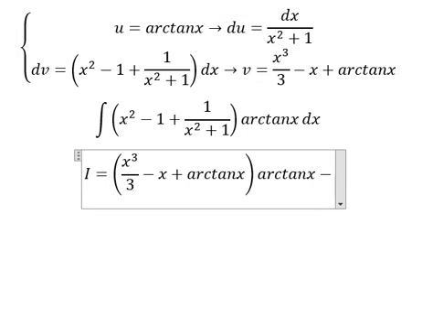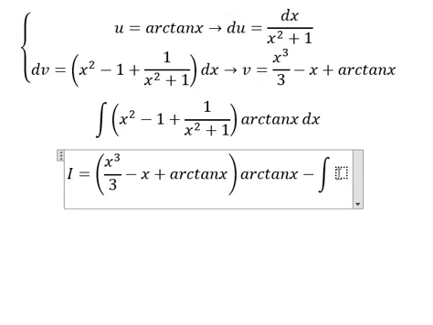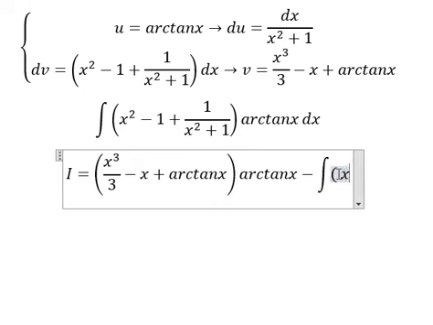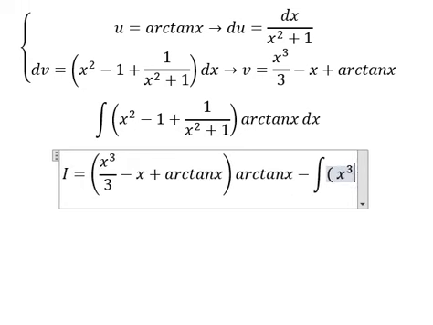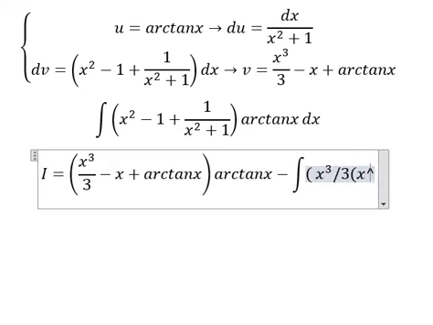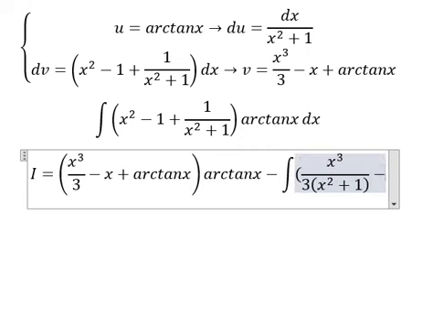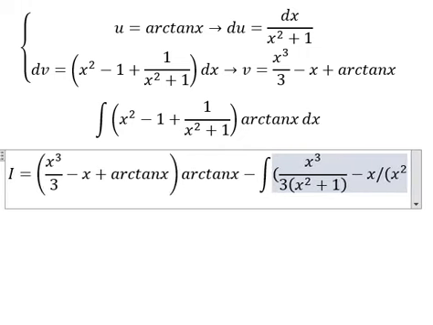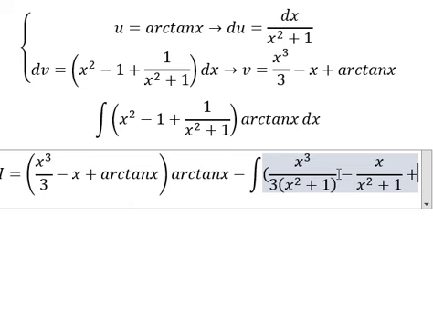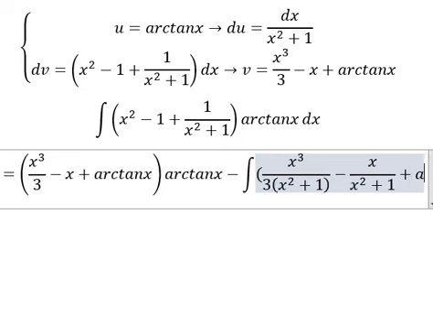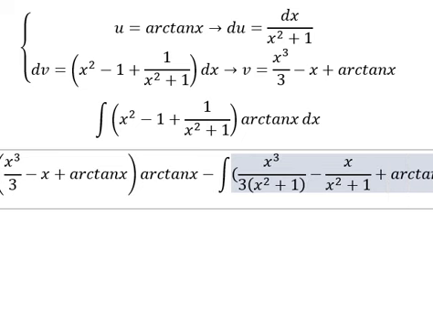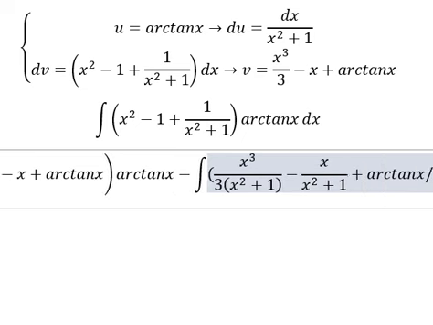So this one we have the integration of s to the power of 3 over 3 with s squared plus 1. The next one we have negative s over s squared plus 1. And the last one is arctan of s over s squared plus 1.